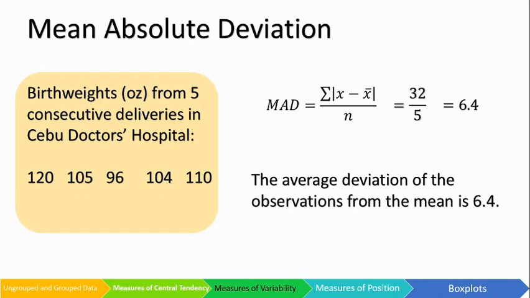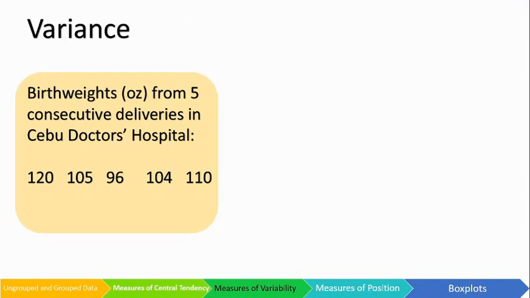In practical applications, however, the next two measures of variability have been found to be more useful than the mean absolute deviation. These are the variance and standard deviation. Now the variance of the sample whose formula is shown.